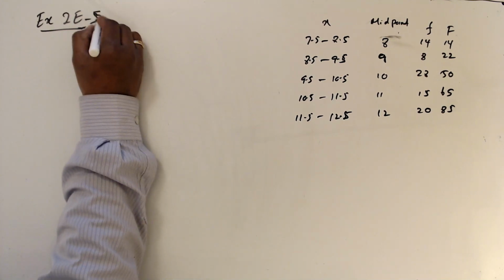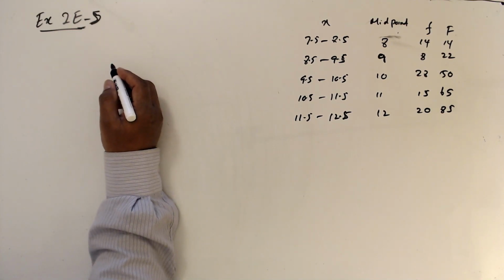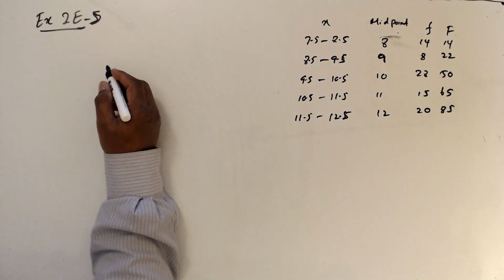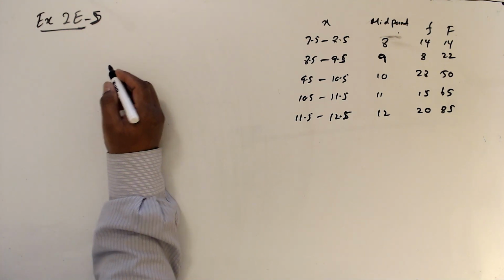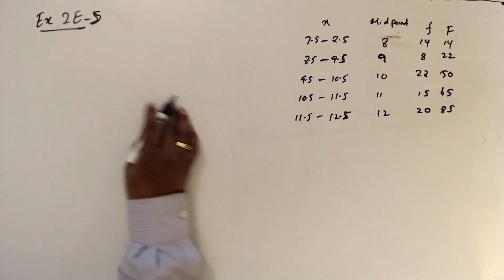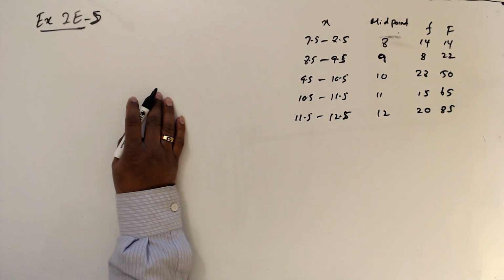Question number 5. Nabs asks the students in his year group how much pocket money they get paid per week. How many students in this project? There are 85. The frequency is 85 total frequency. And we need to find the mean and the standard deviation.